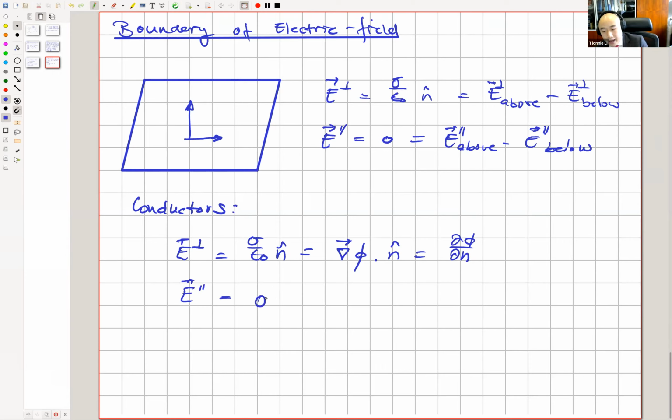And so if I want to find the surface charge, I just need to find the solution to the scalar field in this case. And then I can simply take the gradient in the direction normal to the surface. That then gives me the electric surface charge.